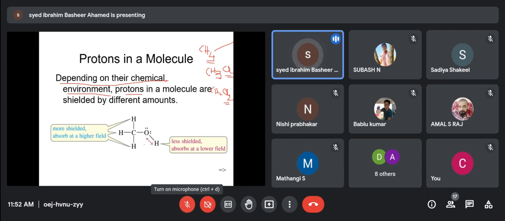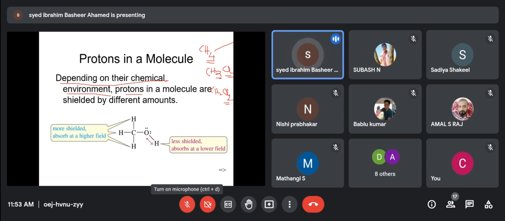Here you can see CH3OH. What is this name? Methanol. In methanol you have four protons, but each proton has a different chemical environment.